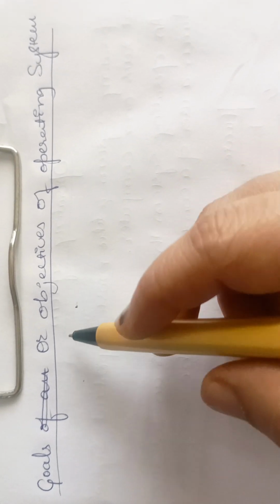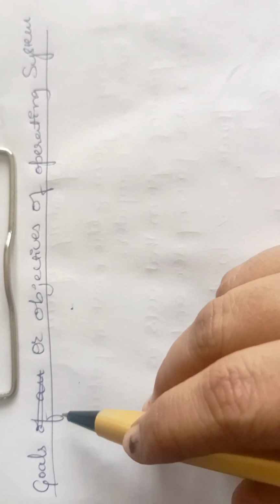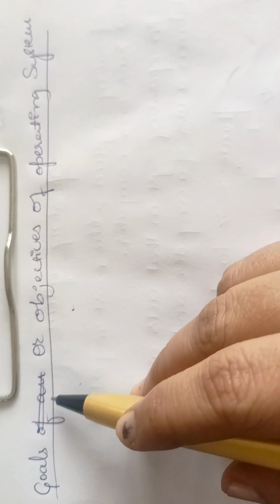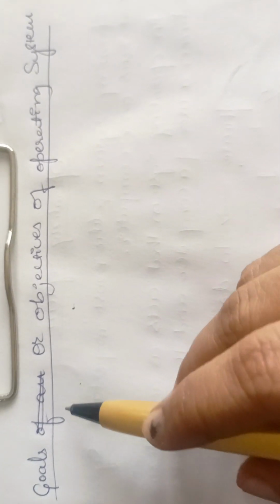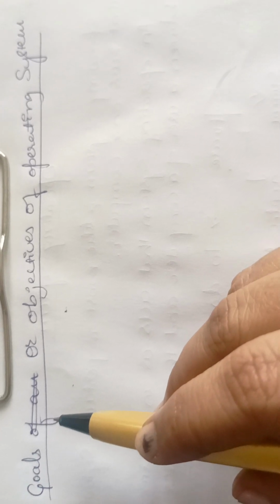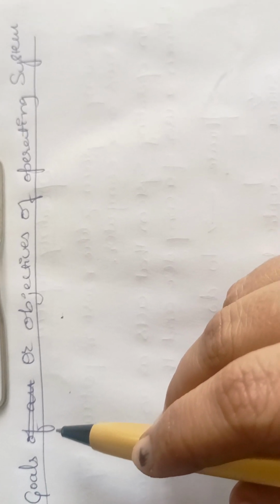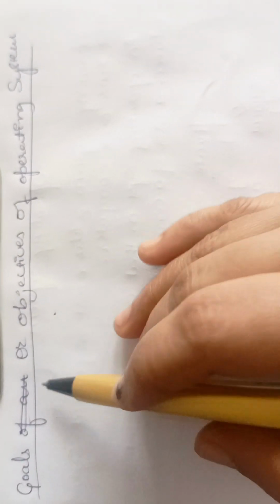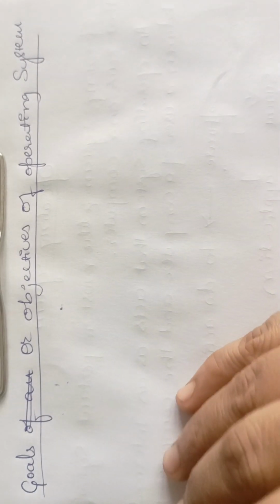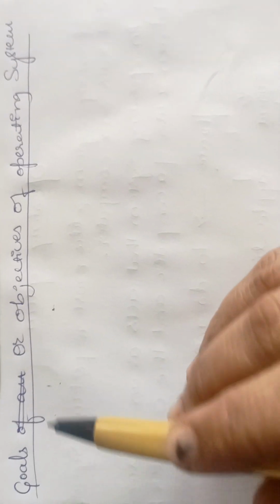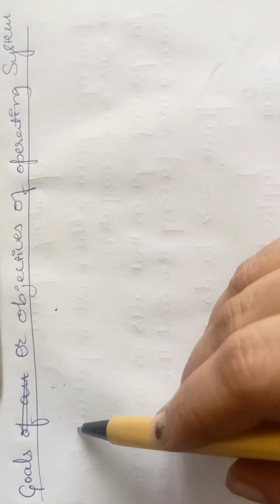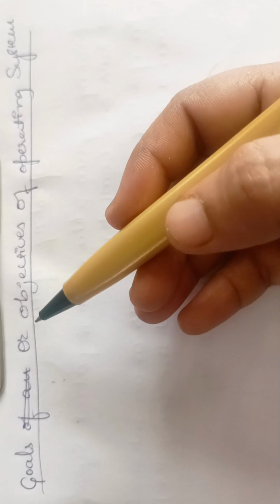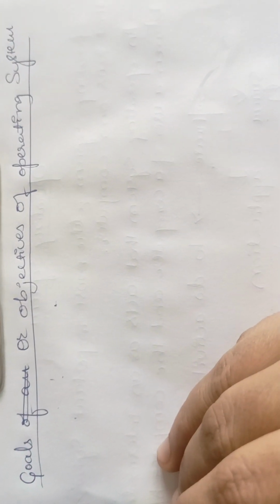The primary purpose or goal of an operating system is that it will manage all the resources of hardware and software that are connected to the computer. Without the operating system, the computer is useless and it won't do any work.